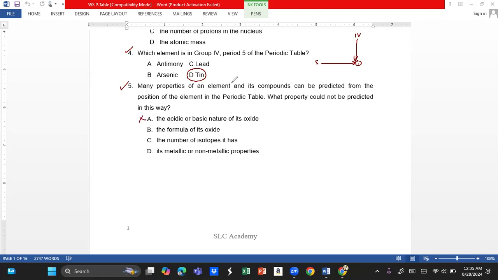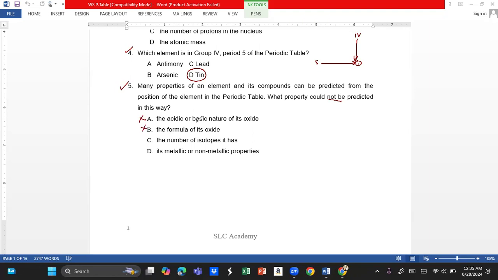To support this, it can be predicted. We can predict the formula of its oxide because we know covalent compounds and ionic compounds by observing the number of electrons in the outer shell, we can easily predict what type of oxide will be formed and its formula.